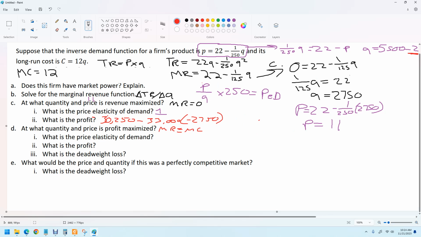So 12 is our marginal cost, and then our marginal revenue is 22 minus 1 over 250 Q. Okay, set everything. Oh, I wrote that wrong yet again. It's 1/250th. It's because I'm thinking in not fractions, but I'm trying to write it consistently.